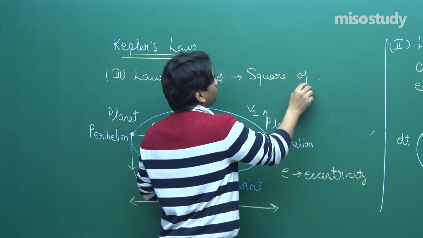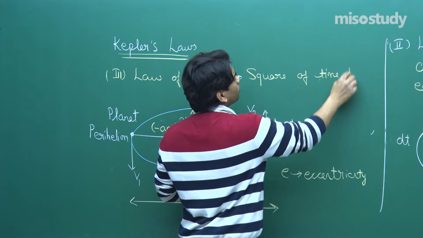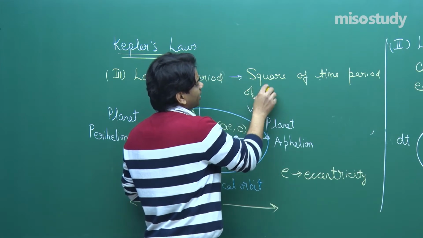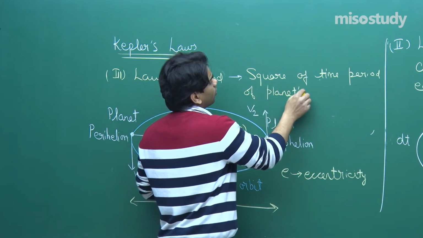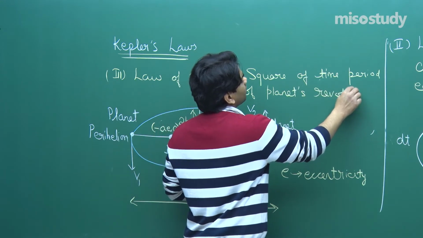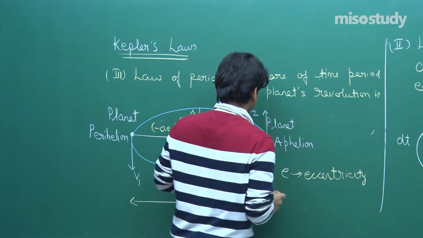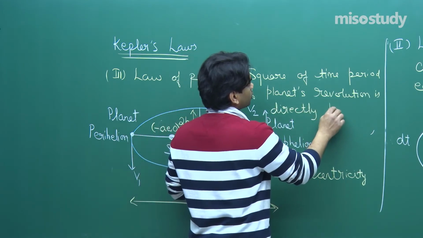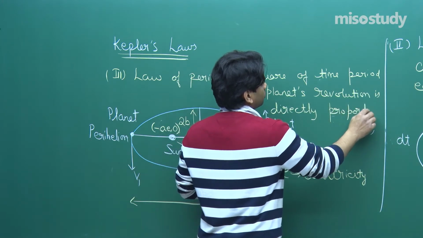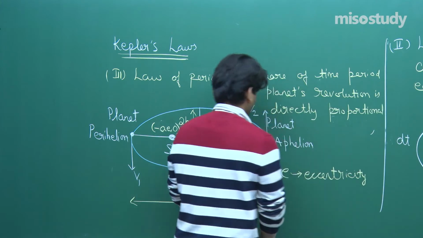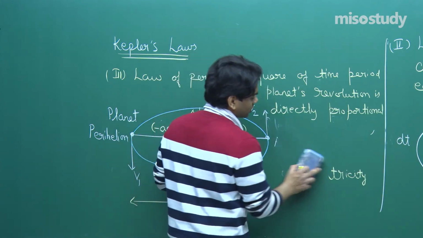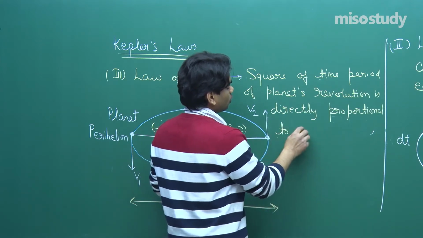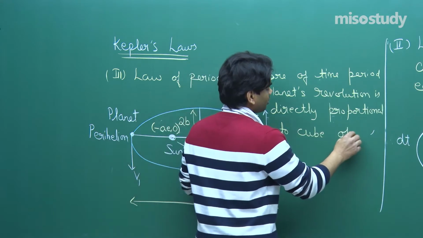So the third law says that the square of the time period, I am talking about the entire time taken to revolve all around the Sun, the square of the time period of the planet's revolution is directly proportional to the cube of the semi-major axis.